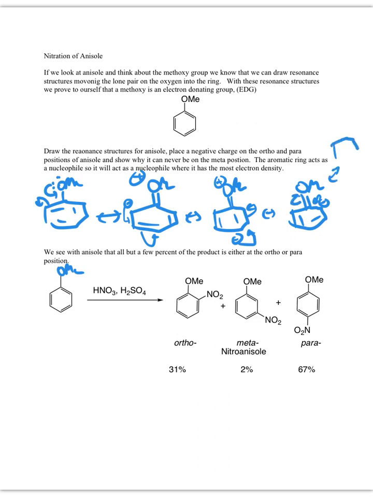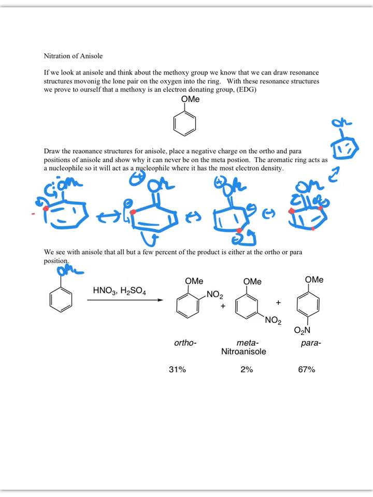So in this, where is the ring most nucleophilic? It's nucleophilic at the carbons where we can draw a negative charge in the resonance structures. So we can put a negative here, we do here, we can put a negative here, and we can put a negative here.